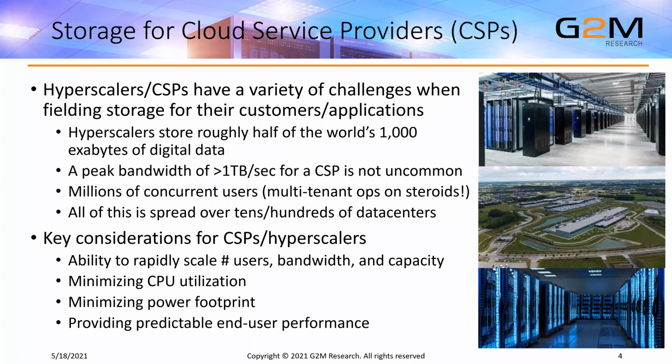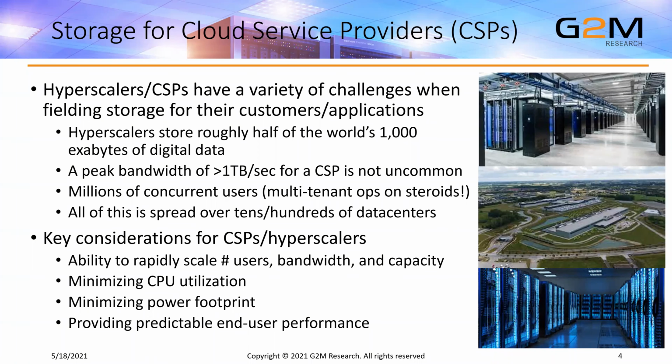They also have millions of concurrent users. So if you think multi-tenant operations, these are hundreds or thousands of times bigger than that, and they're spread over geographically dispersed data centers. So you've got a lot of coordination you have to do across them. Some of the things that CSPs and hyperscalers look for when they build up these data centers and look for hardware is the ability to rapidly scale the number of users, bandwidth, and capacity.